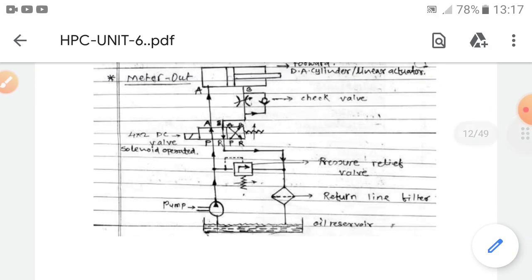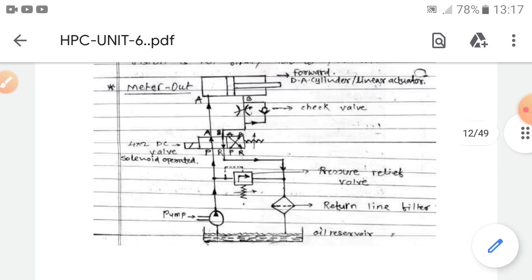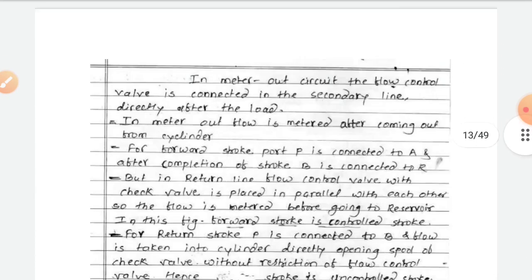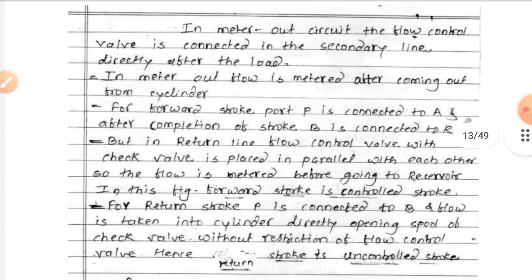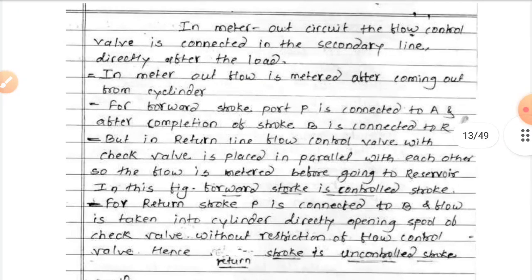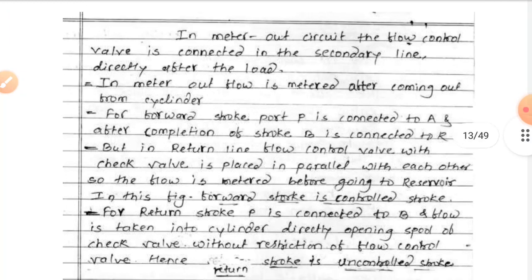So this is a basic figure, all of you see. In a meter out circuit, the flow control valve is connected in the secondary line directly after the load. In meter out, flow is metered after coming out from the cylinder.